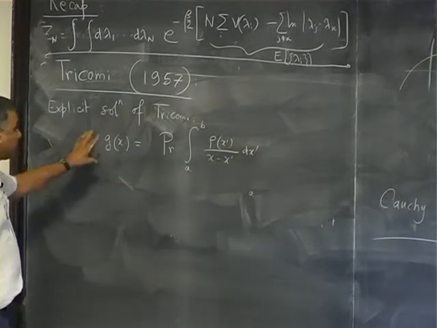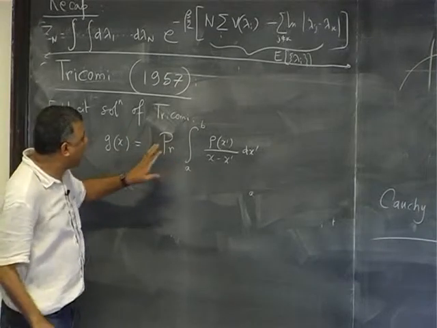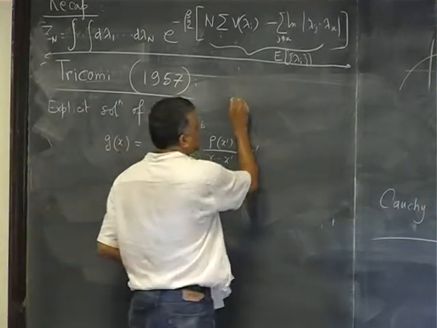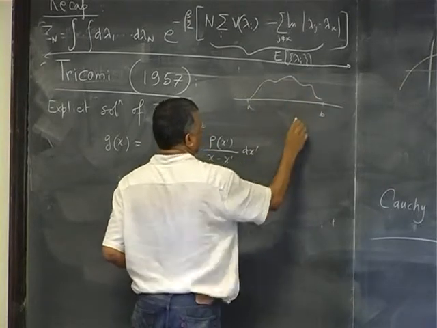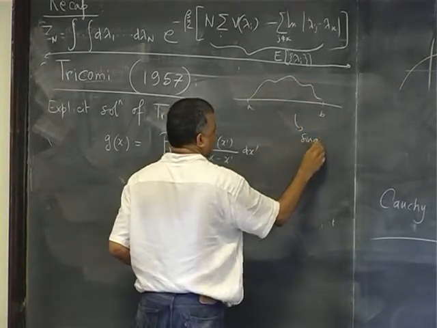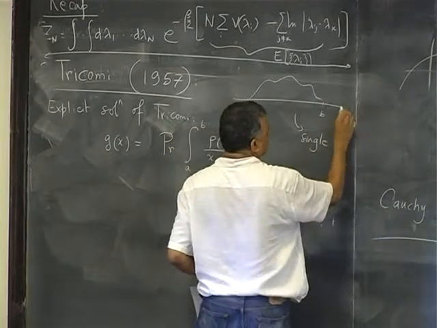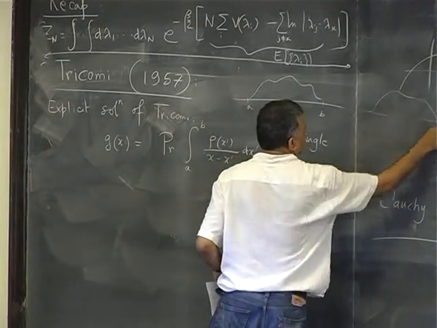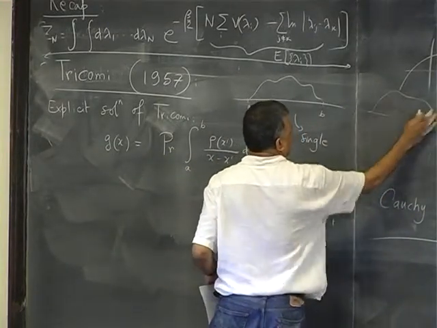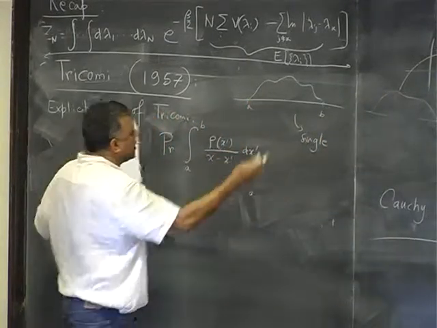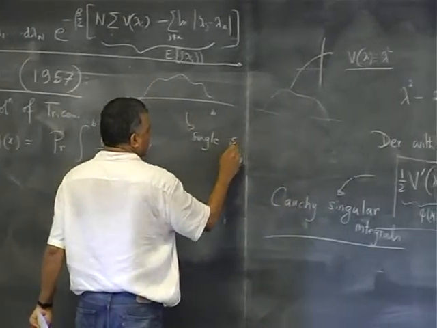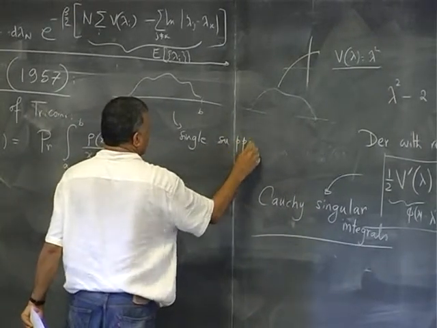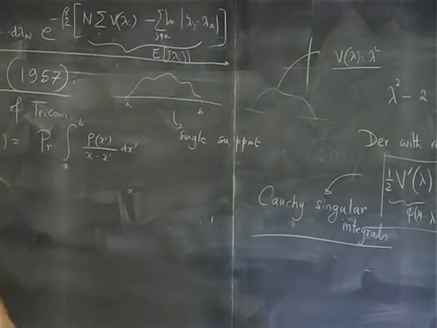If you have a Cauchy integral equation like this, with the principal part, and you assume that there is only one single support, a to b, of your function, that's an assumption. Because you could imagine a situation where you have multiple supports, like 2 supports, 3 supports, but you are going to assume, because physically it's clear that the charges will have only one single support, one single blob basically.